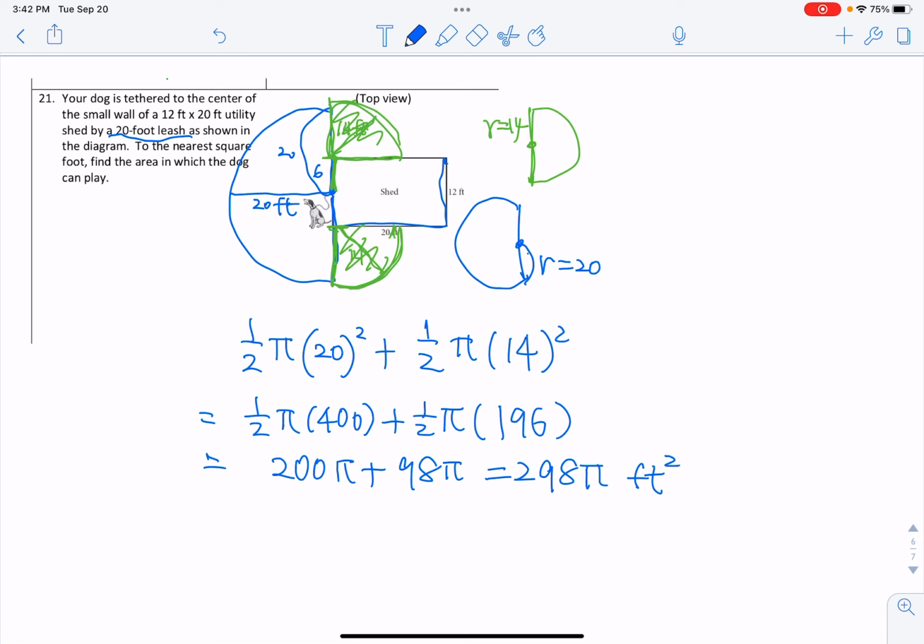But to the nearest square foot, 298 pi will be approximately 936.195, so to the nearest foot, 936 square feet. That's how you can say it.